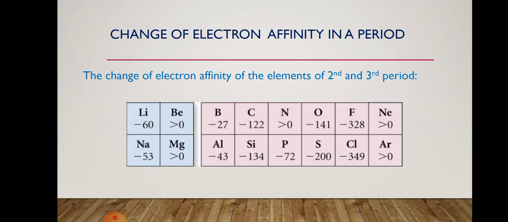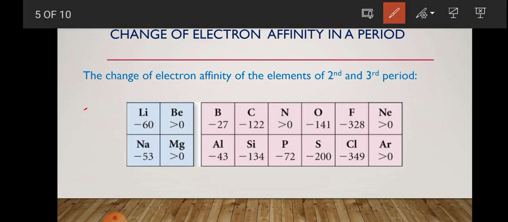Now I would like to discuss how the electron affinity of the elements changes in a period. For example, the change of electron affinity of the elements of second and third period. If we look at this table, this is second period and this is third period elements.